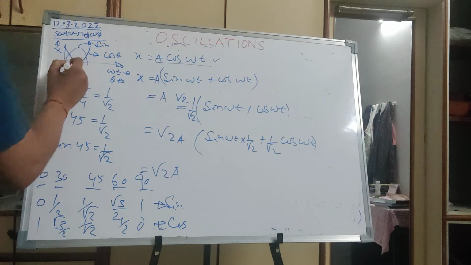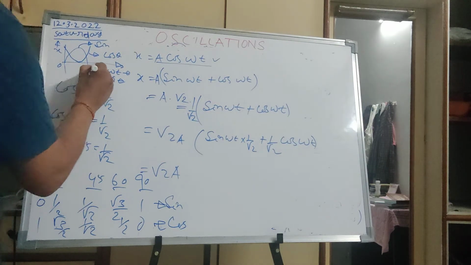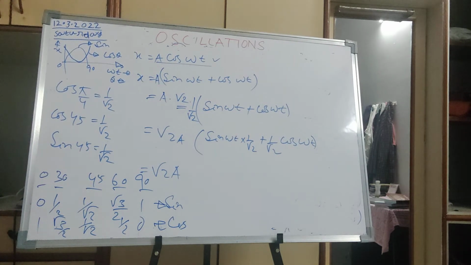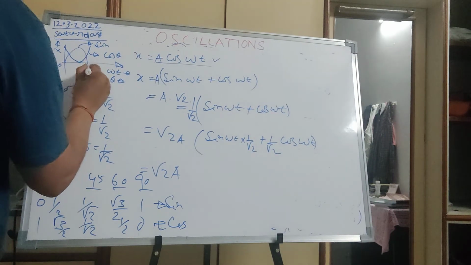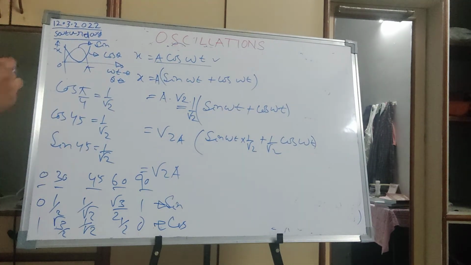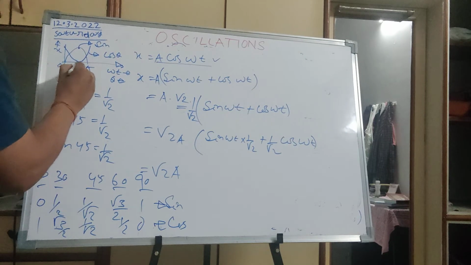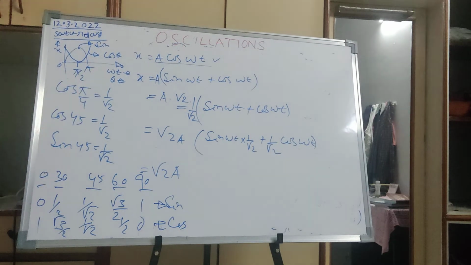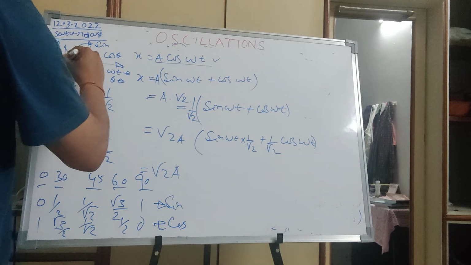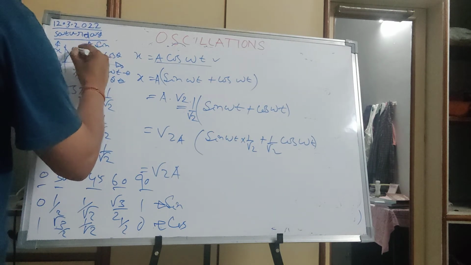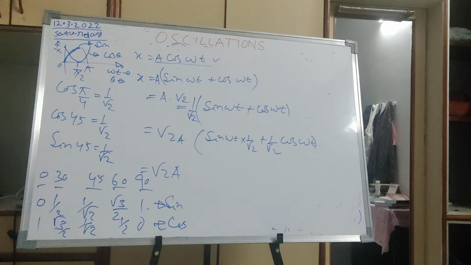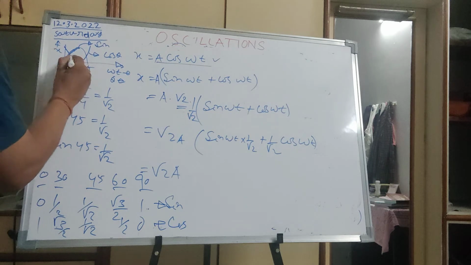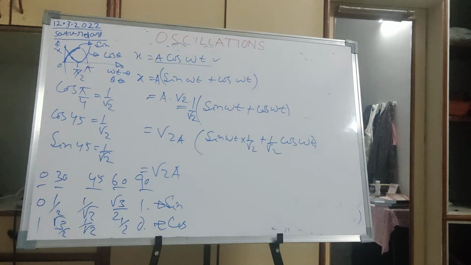Sorry, this is not 90, this is pi by 2, up to 180 degree. The sine will reach the maximum when it reaches pi by 2. The cos will be minimum when it reaches pi by 2. That you can see, right?